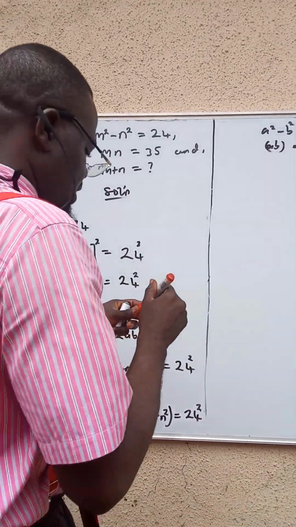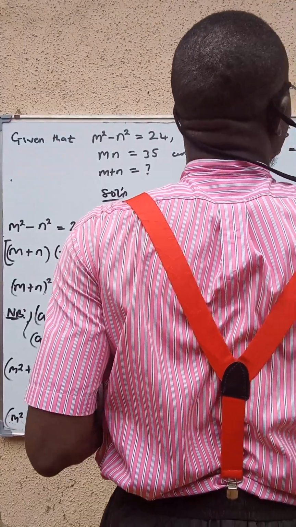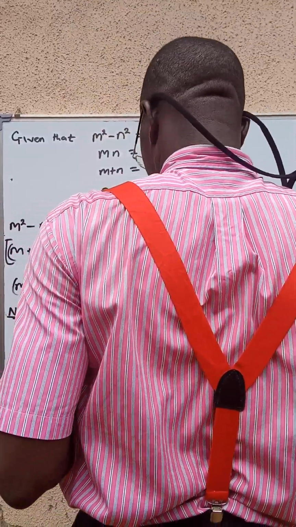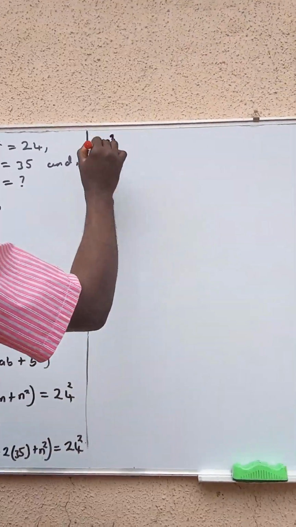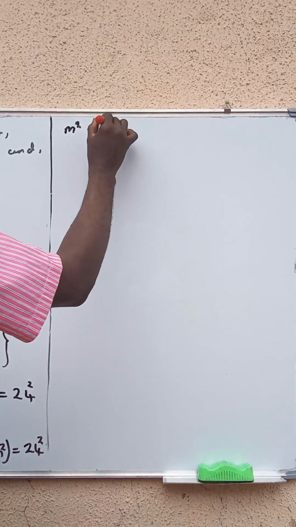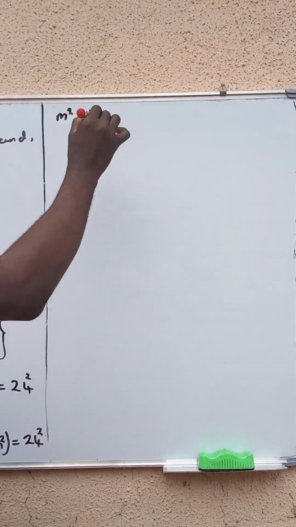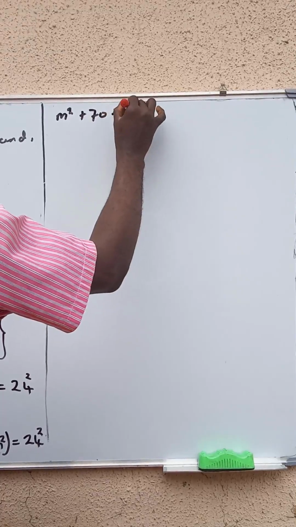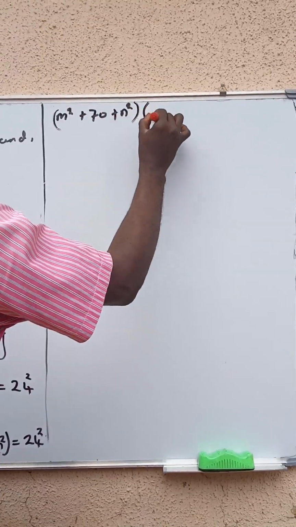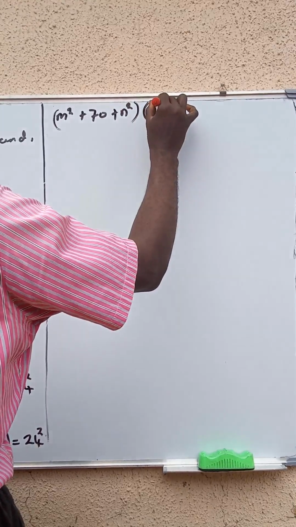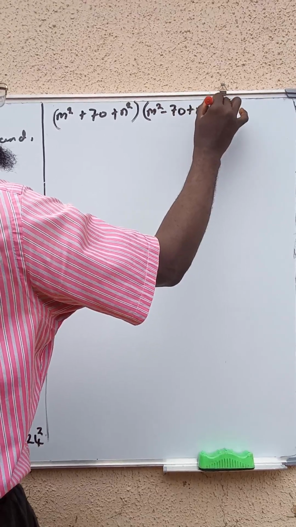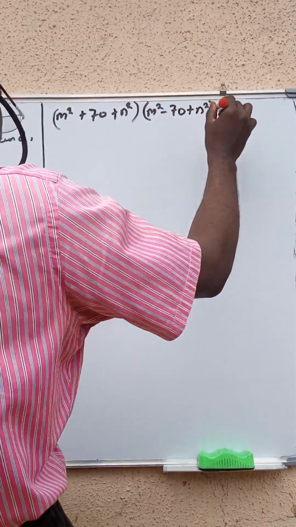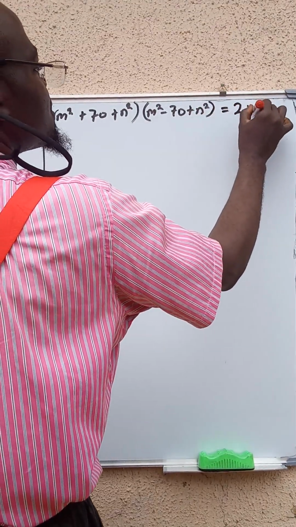This will now be (m squared plus 70 plus n squared) times (m squared minus 70 plus n squared) equal to 24 squared.